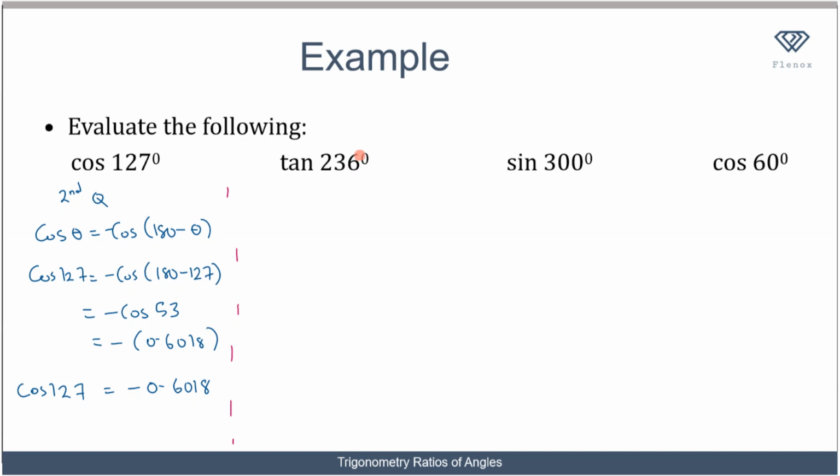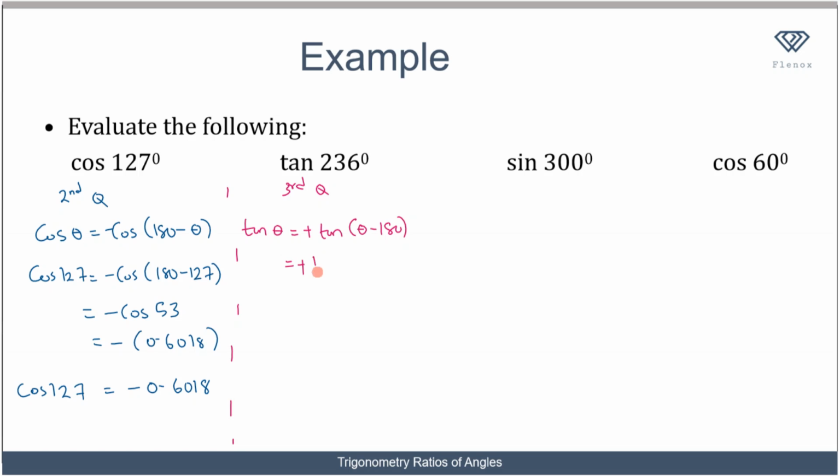So now let's look at another example, and here we are told to find the value of tan 236. As you can see, 236 lies in the third quadrant because the value of theta is between 180 and 270. So in the third quadrant, the relationship for tangent, tan theta, is given as plus tan (theta minus 180). So what does this become?